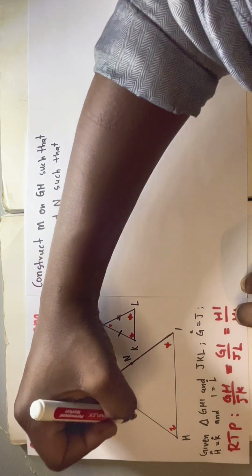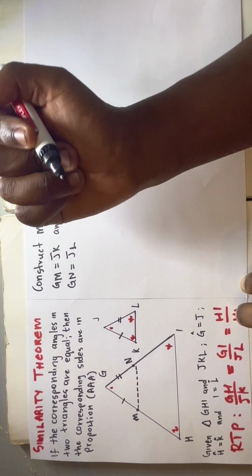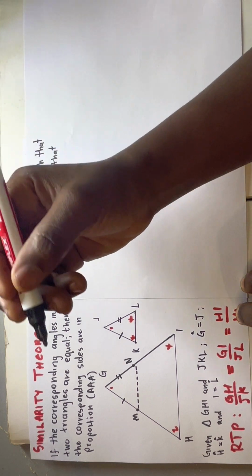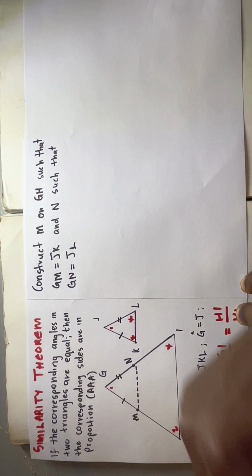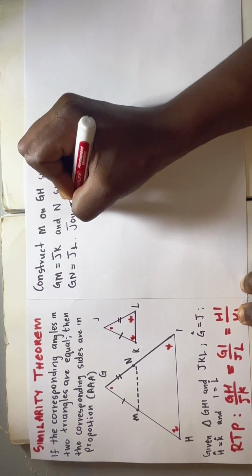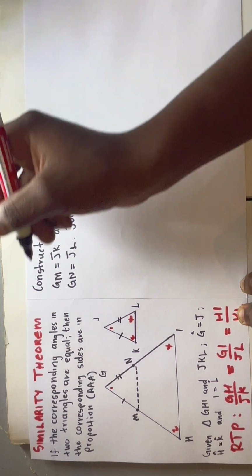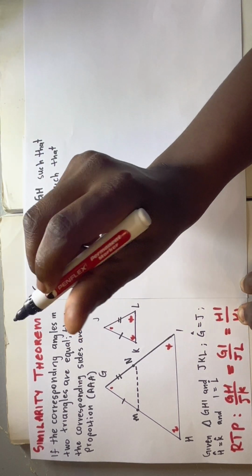Then we are going to join our construction. Let's write join. We are joining MN. And then after that, what is it that we are going to look at?